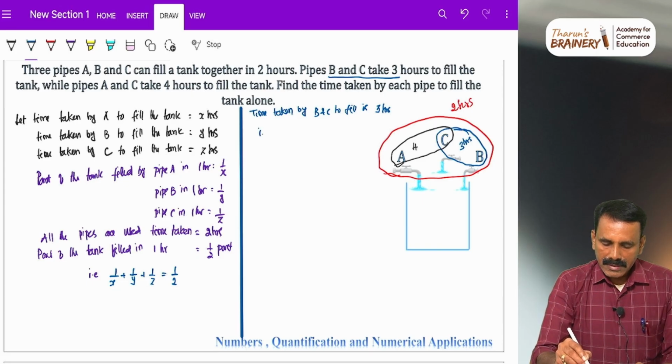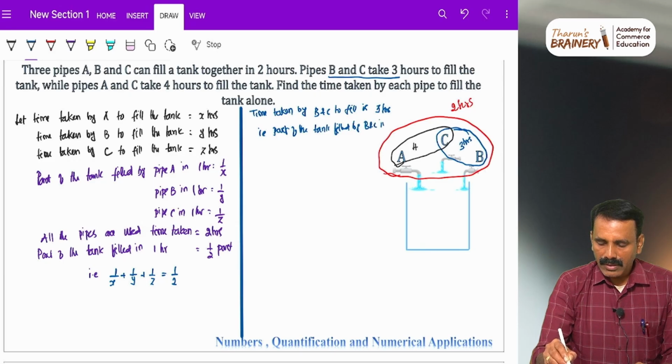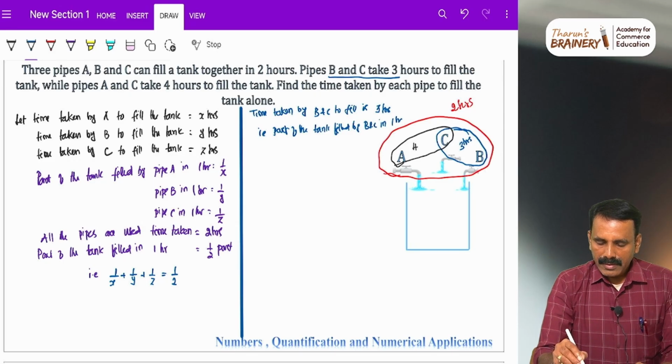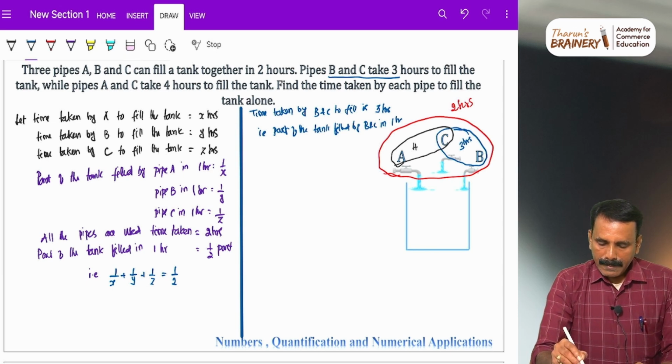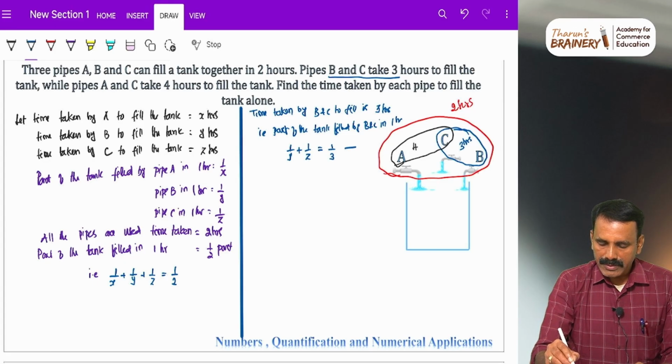That is, part of the tank filled by B and C in 1 hour will be 1 by y plus 1 by z is equal to 1 by 3. This is second equation. This one we take it as first equation. Okay.